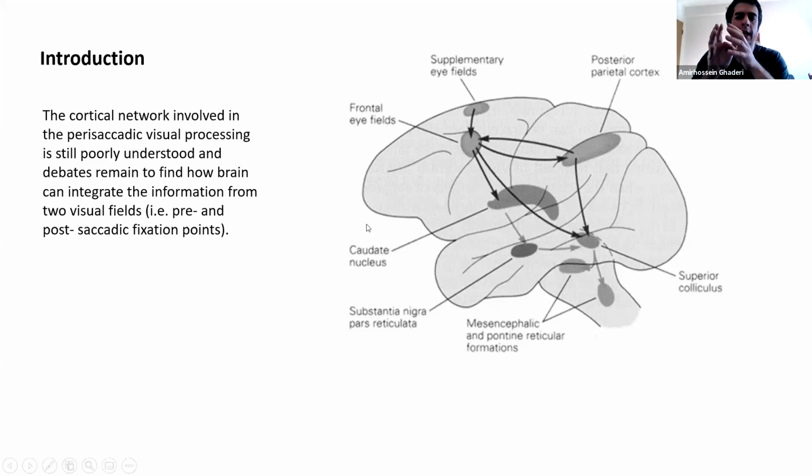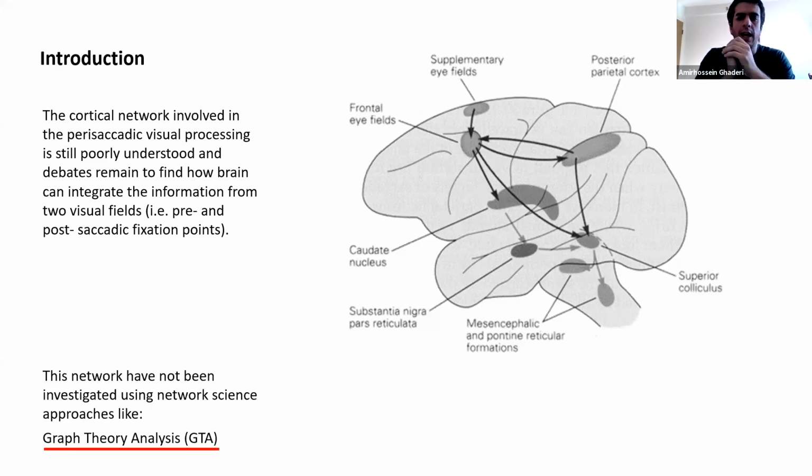Because distributed brain regions are involved in this function, we can say that a network is involved, but nobody has looked at the whole network involved in perisaccadic perception. Here we are going to use graph theory analysis to investigate this network.